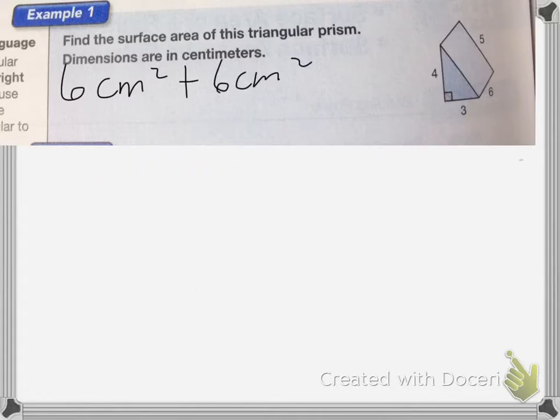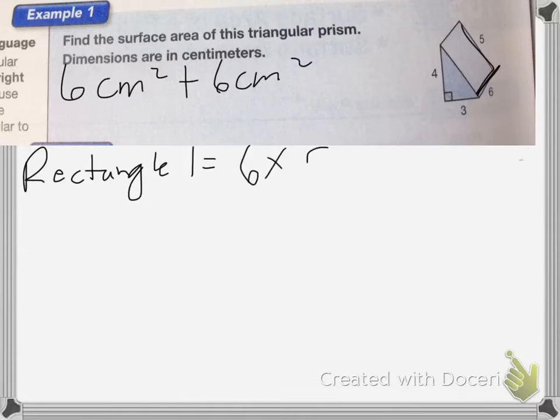Alright, so rectangle 1 has to be 6 times 5. Length times width, to equal 30 centimeters squared.